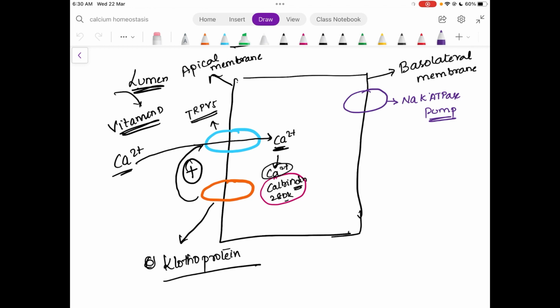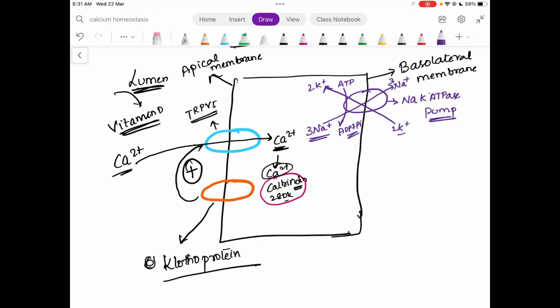How will it help? It will cause pumping of sodium from inside the cell to outside the cell. How many sodiums? 3 sodiums. And it causes pumping of potassium in, 2 potassiums are pumped in. This is done with the help of breaking ATP. This is how secondary active transport will occur.